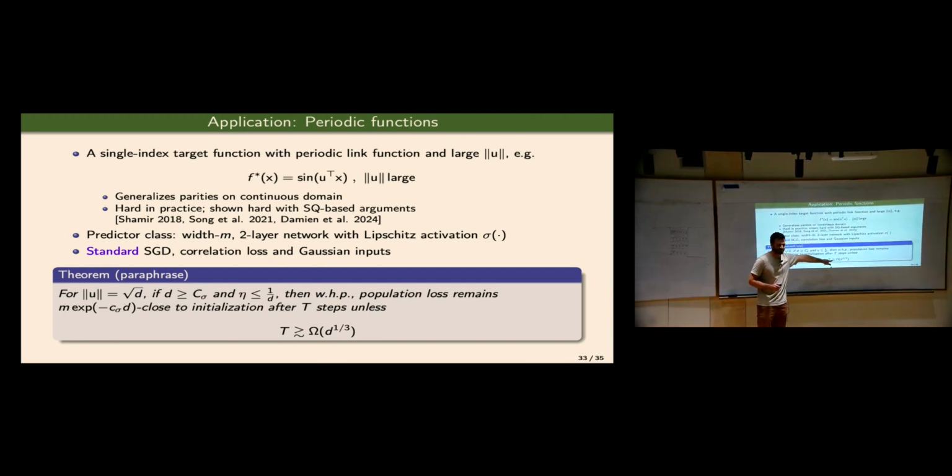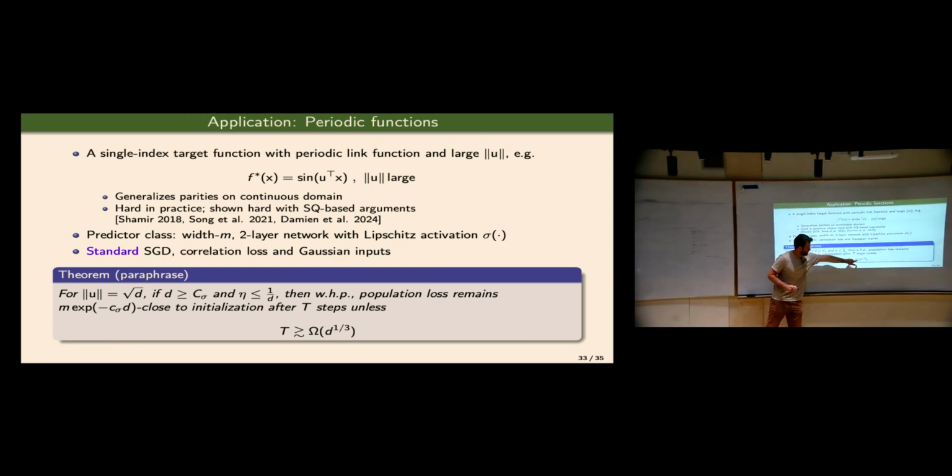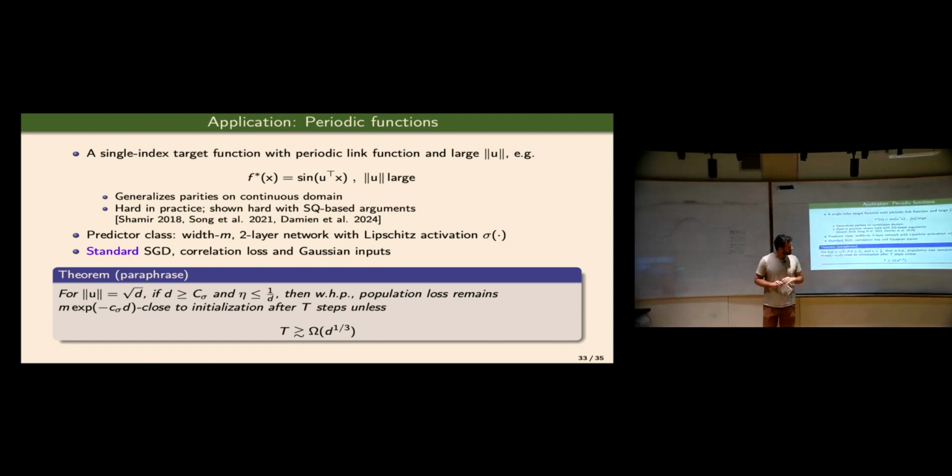Here it needs to be exp of d to the third. So this should be an exp. It's a bad place for a typo. But essentially, unless the width of, let's say, your network is huge or something like this, you're going to need an exponential number of steps to converge.